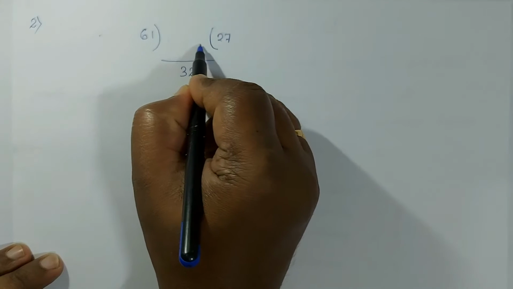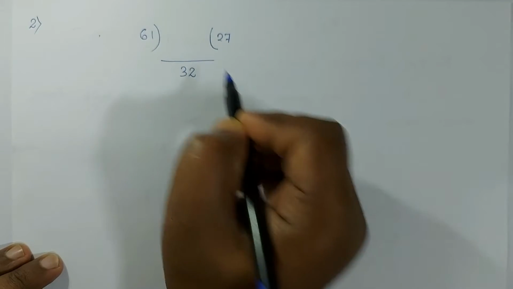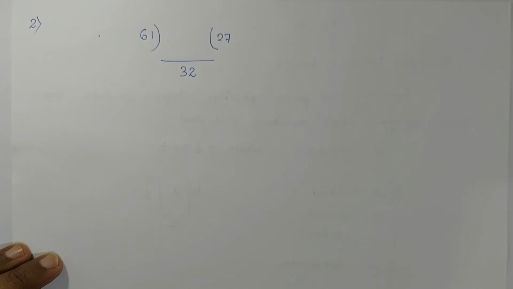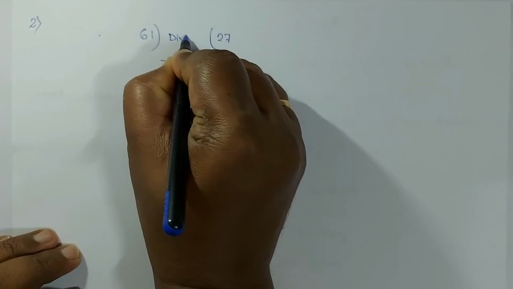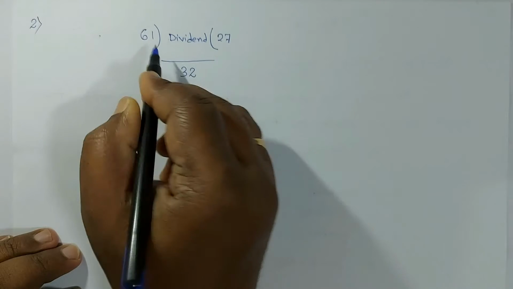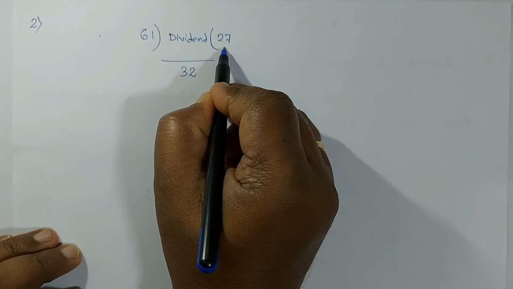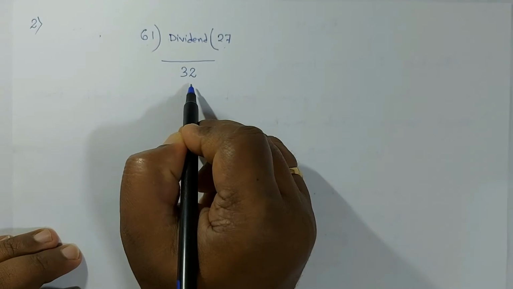Now we need to determine the dividend. Find the number. The number itself is the dividend. So we will use Euclid's division lemma.